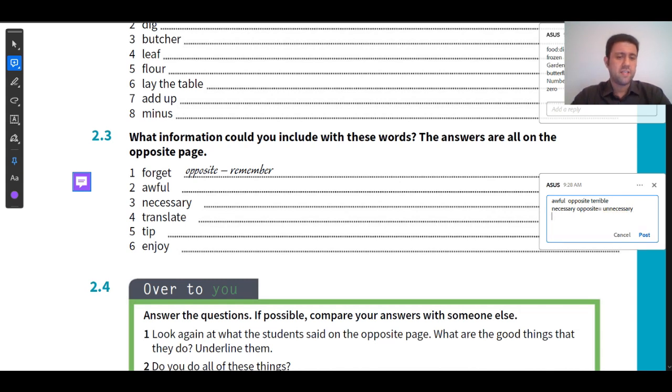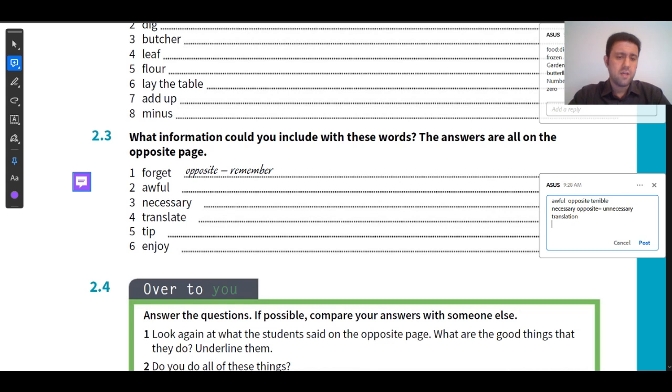Translate. Translate is a verb and the noun is translation. Tip. Tip had two meanings. One of them is the money that you give to someone, and the other one is a piece of advice.